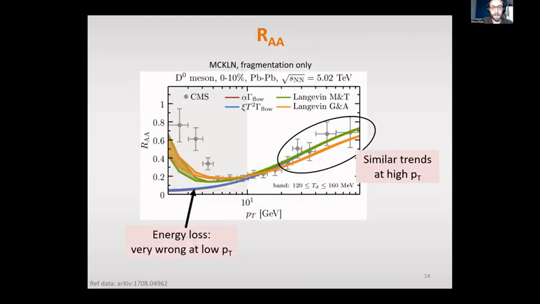Let me show you some comparison that we got using these 4 models. In red and blue, you see the energy loss curves, and in green and orange, you have the Langevin curves. What you can see is that at high PT, we obtain quite similar trends, and that at low PT, the energy loss gives much more suppression than we are expecting from the data.